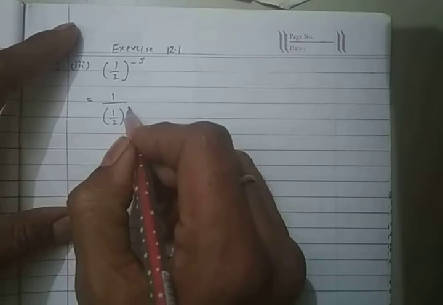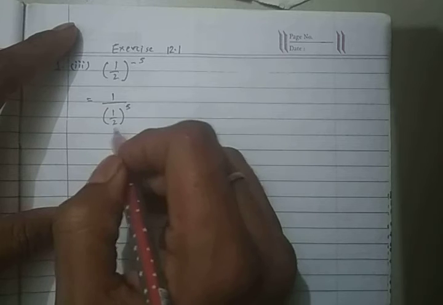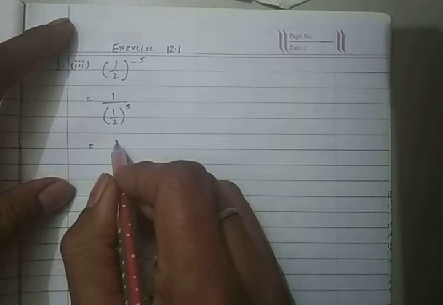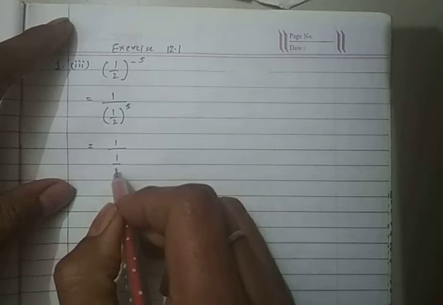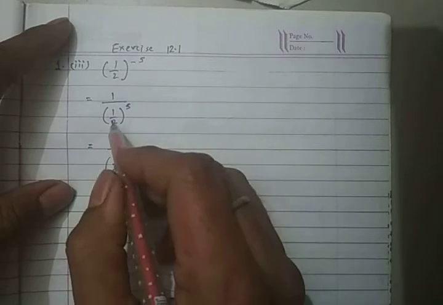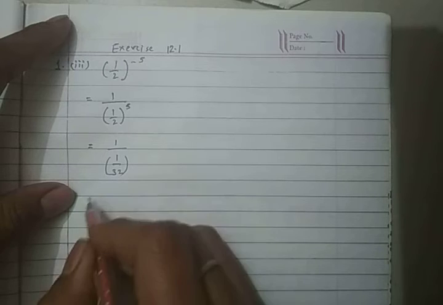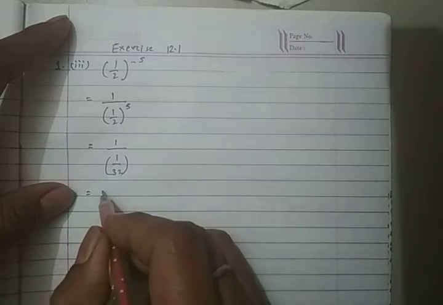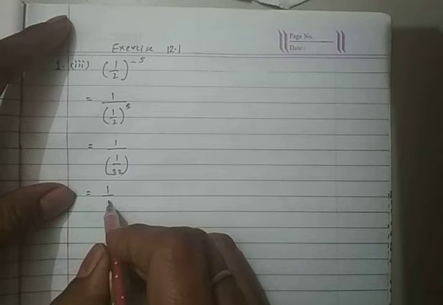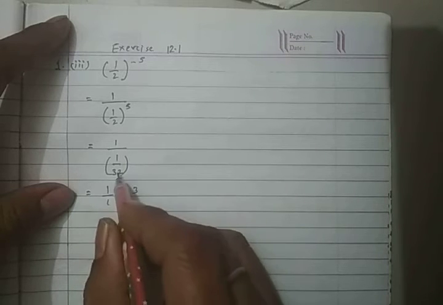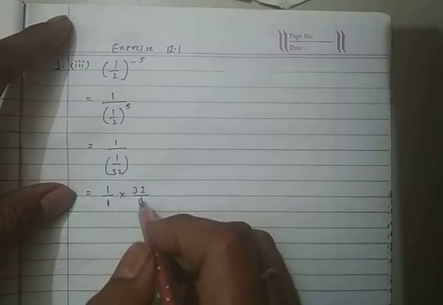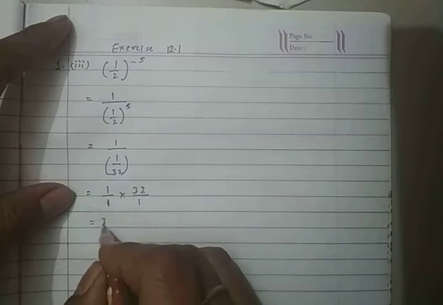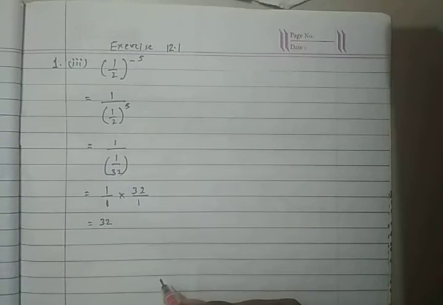So this will become 1 divided by 1 raised to 2 raised to the power of 5, which is equal to 1 divided by 32. You multiply 2 five times, the answer is 32. And this 32 will go up. How will it go up? When it goes up, the denominator will become the numerator and the numerator will become the denominator. So the answer is 32.